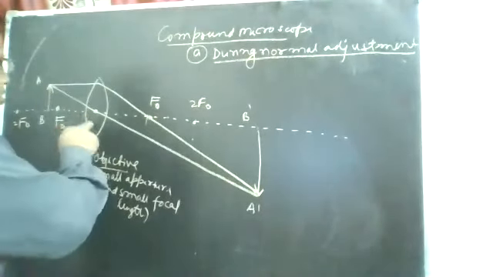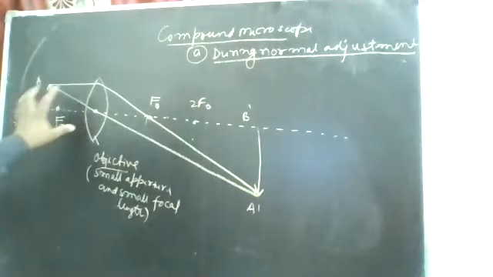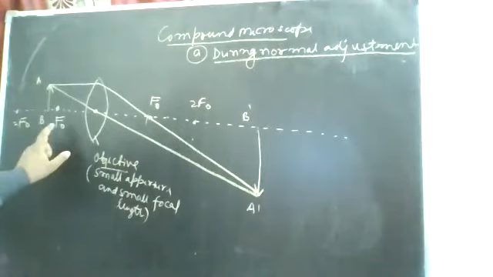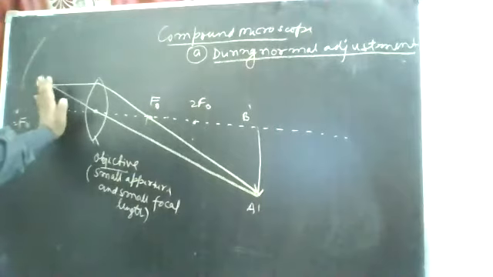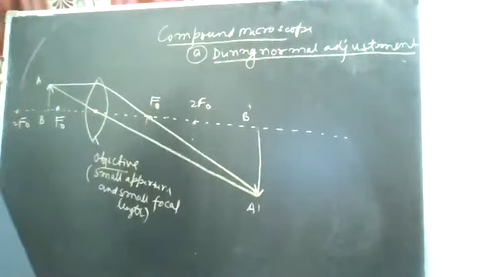If this is the objective lens and the object is kept in front of it between 2FO and FO, the image forms behind the lens, and this image is real and magnified.